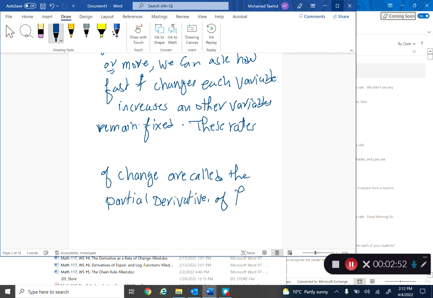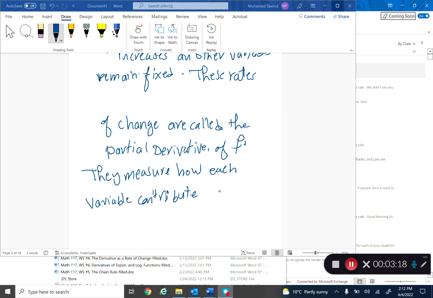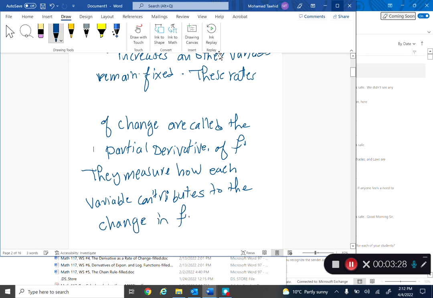It measures how each variable contributes to the change in f.